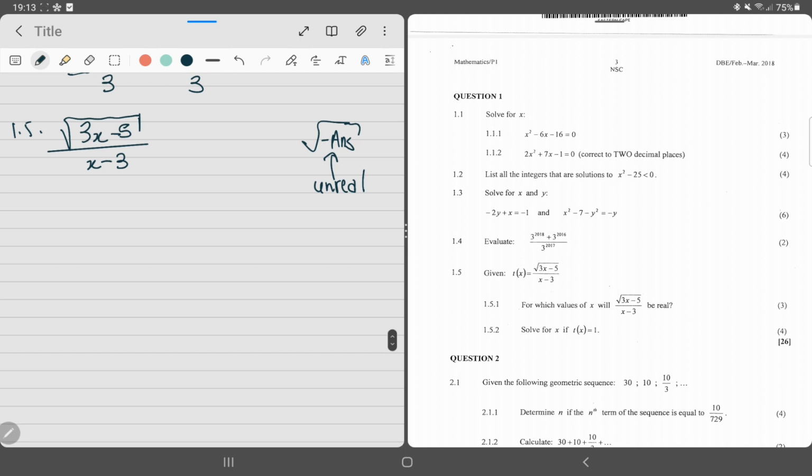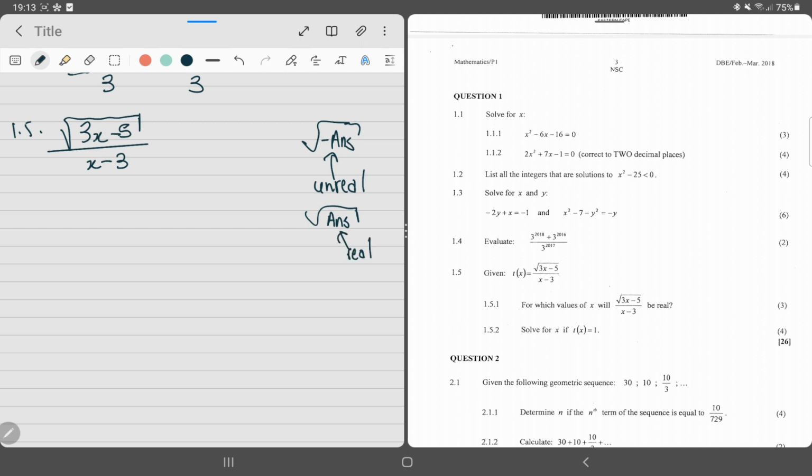So whatever we want to evaluate, whatever is under the square root, it must be negative in order for us to have something that is unreal. But when the square root has a positive answer, then this becomes real.